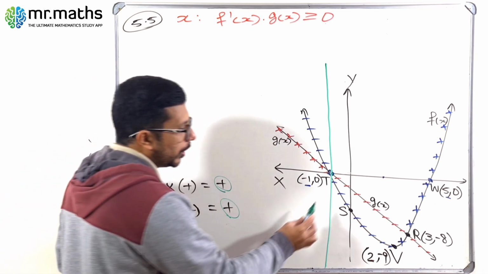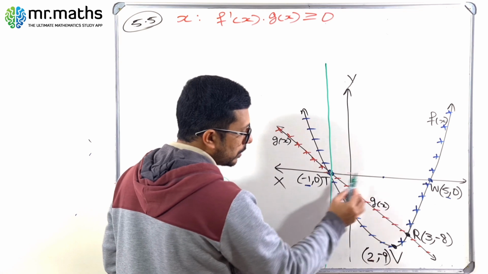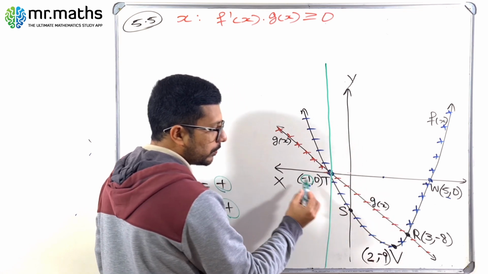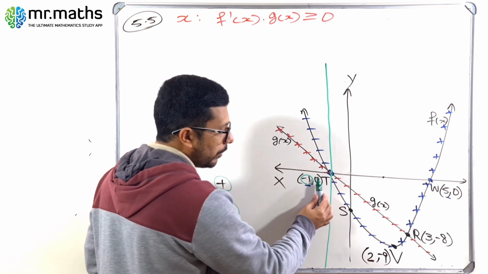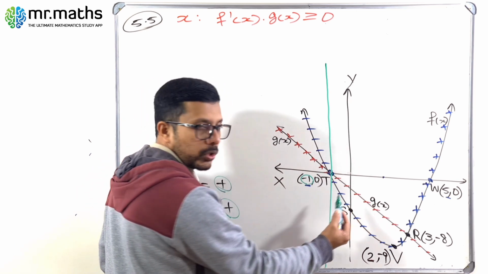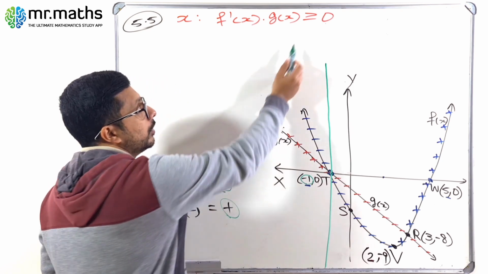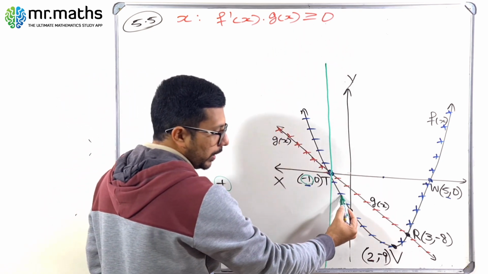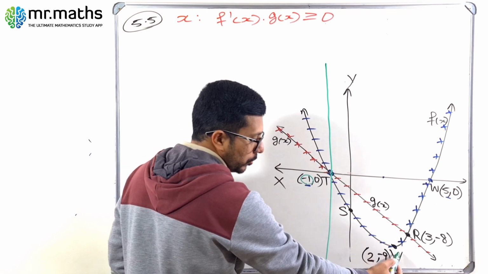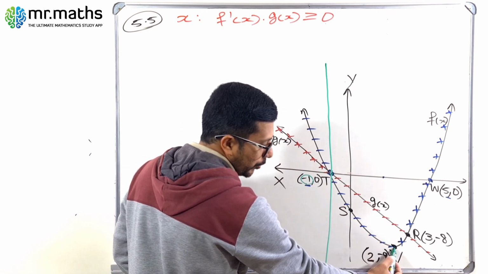But after this -1, here the x value is -1. So after -1, negative times negative, positive, we want that one because we want a positive answer. Negative times negative, positive, up to here.